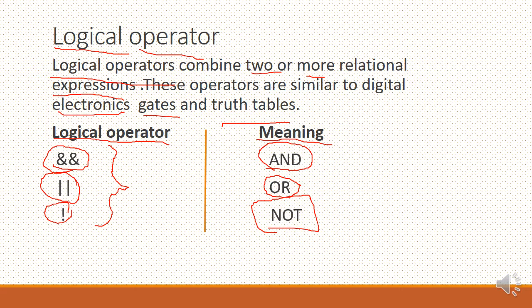Whenever you are interested to perform the logical and operation, you use the two ampersand signs. If you are interested to do the logical or, you use the two vertical bars. Similarly, for the not, you take one exclamation mark, and it is going to perform the logical not. Okay, this is about the logical operations.